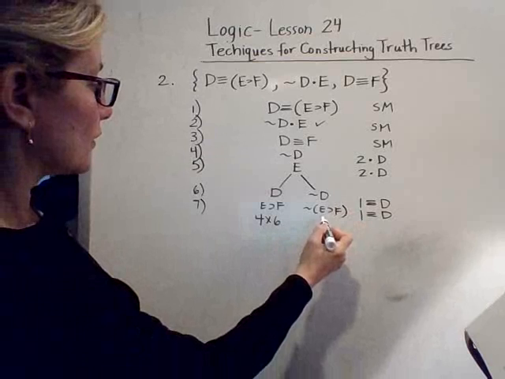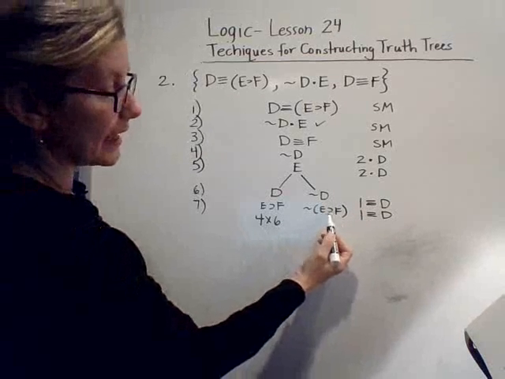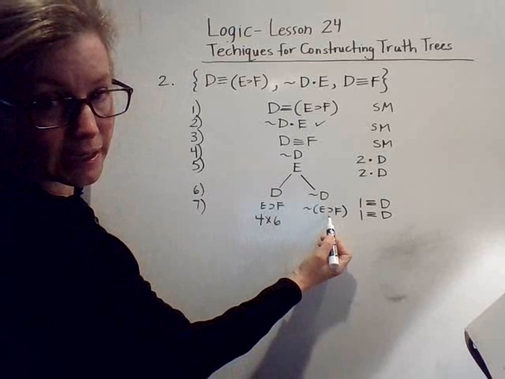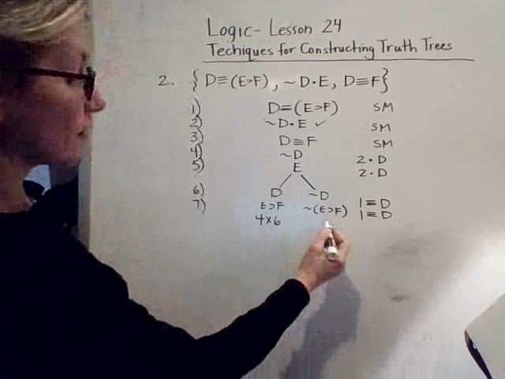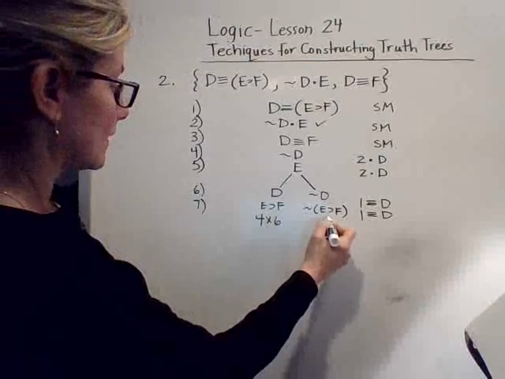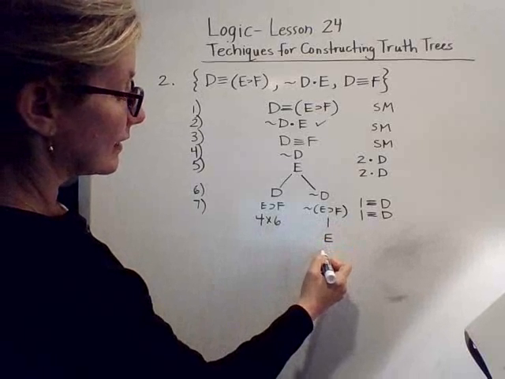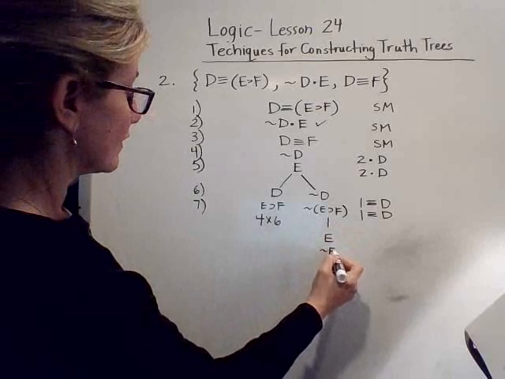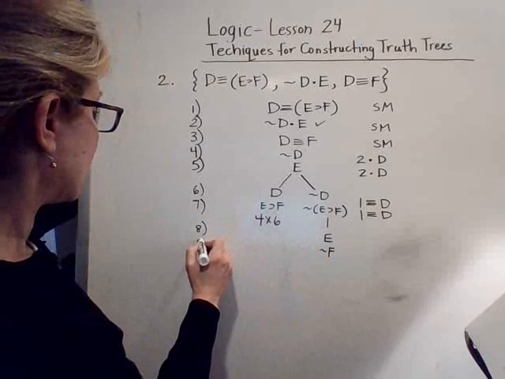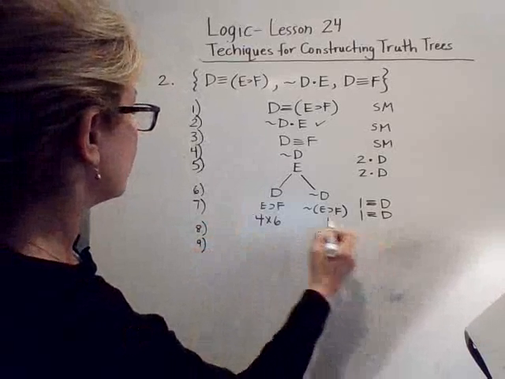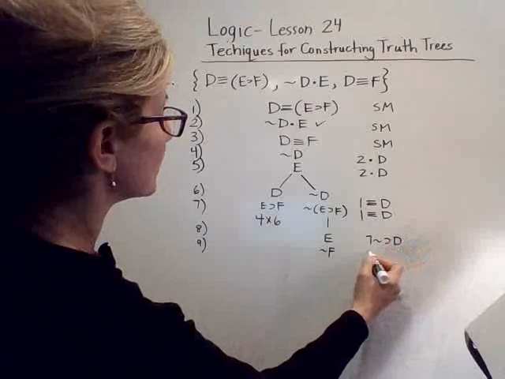Now you'll see here we have a not if E then F, and a negated conditional doesn't branch. So let's decompose this line first, and we get an E and then a not F. That would be line 8 and line 9, and they both came from line 7, negated conditional decomposition.